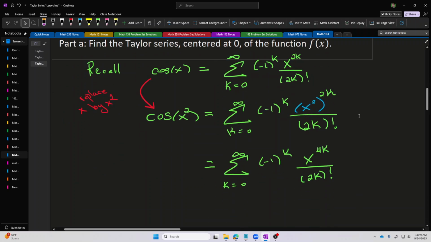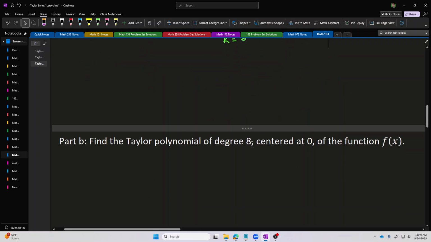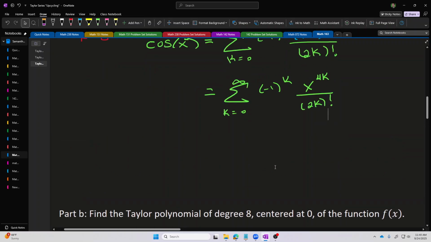Instead, I'm going to remind myself that in part A, I already found the Taylor series. And from the Taylor series, I can find any Taylor polynomial of any degree very easily just by writing out the terms of the series until I hit the degree that they are asking for. And then I can stop writing terms. So for example, in this case, taking the Taylor series for cosine of x squared, I will begin by writing out the very first term in the series, which corresponds to an index of k equals 0.